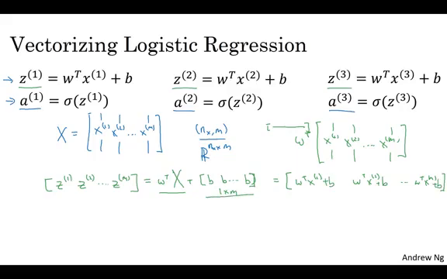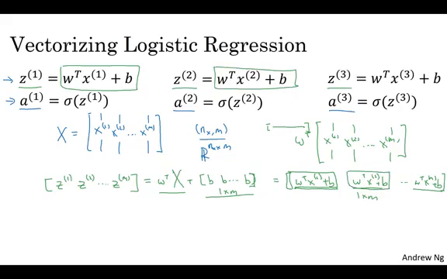So you end up with another 1 by m vector, where that's the first element, that's the second element, and so on, and that's the m-th element. And if you refer to the definitions above, this first element is exactly the definition of z1. The second element is exactly the definition of z2, and so on.